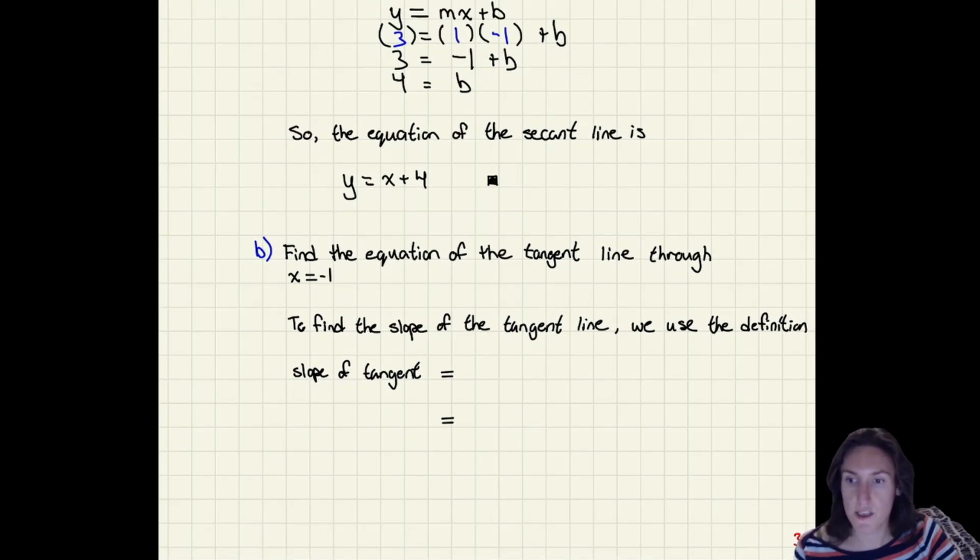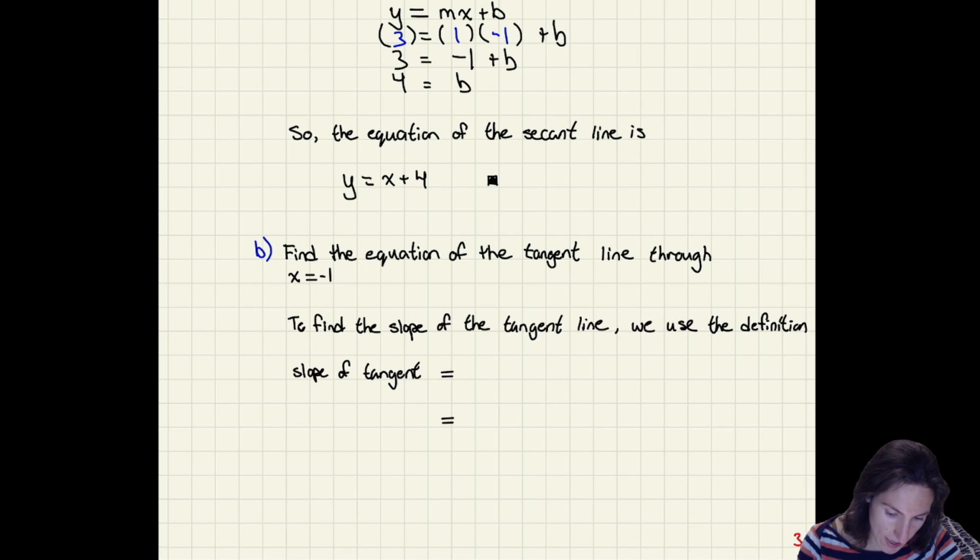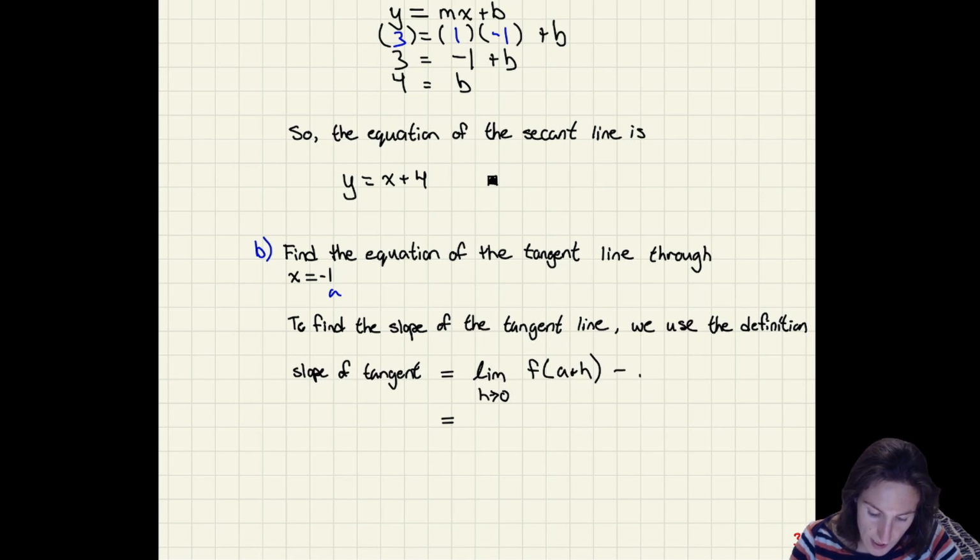Now, using the same function, let's find the equation of the tangent line through the point x is equal to -1. So x is equal to -1, this is like our a. If we wanted to find the slope of that tangent line, that's the definition we just looked at: the limit as h approaches 0 of f at a plus h, at a particular point a, minus f at a, all divided by h.